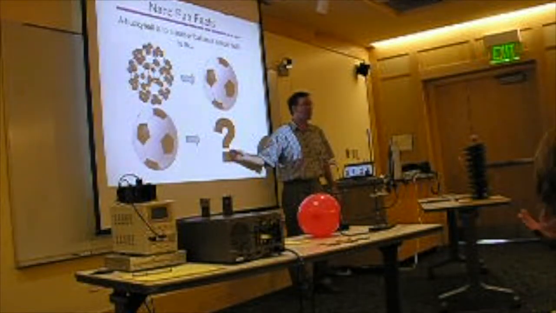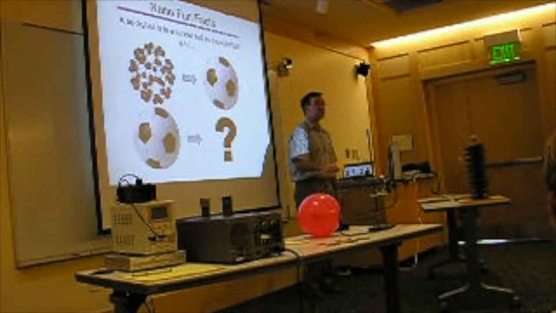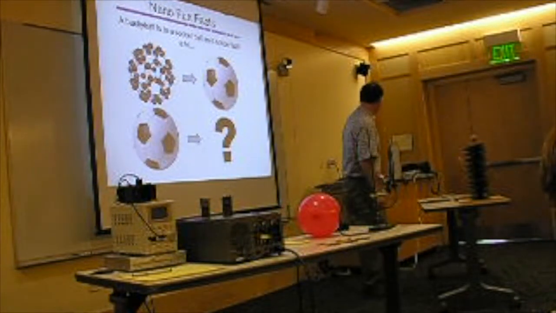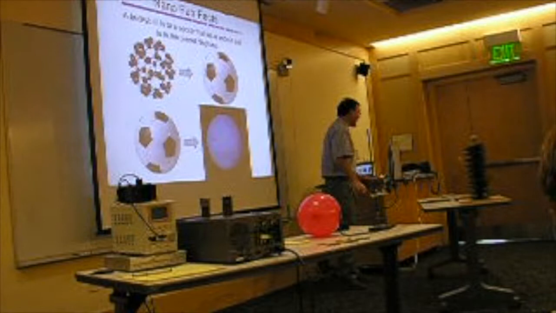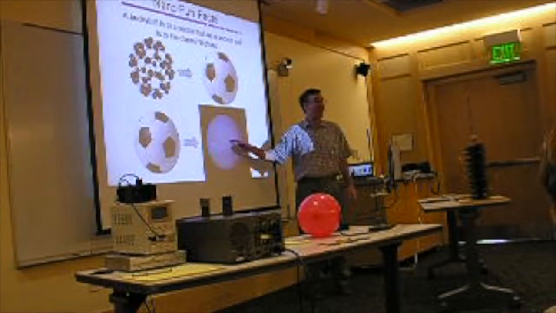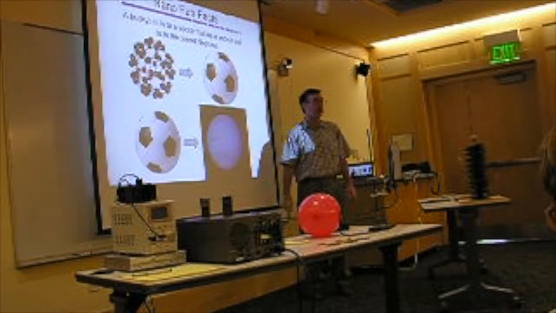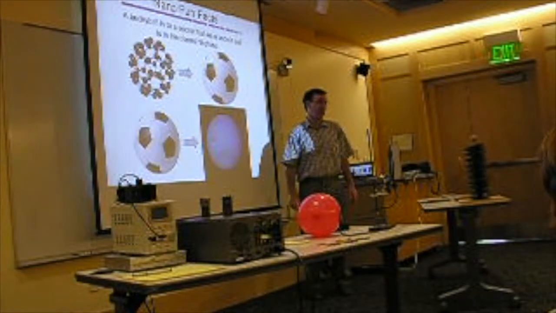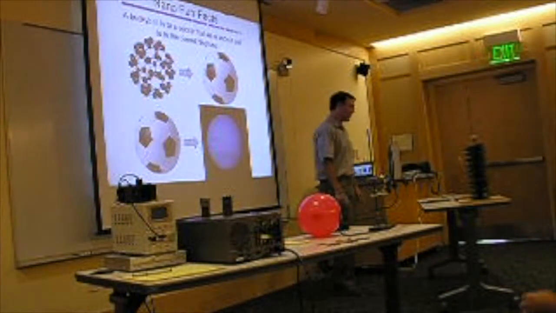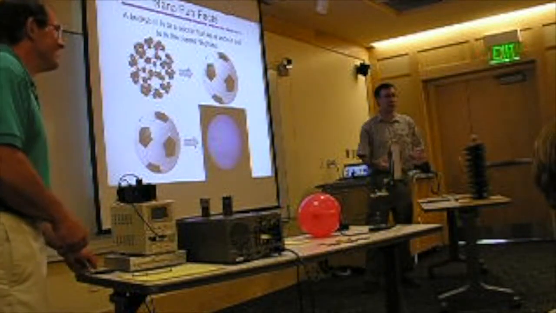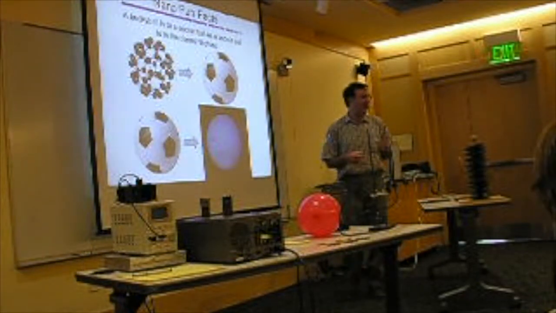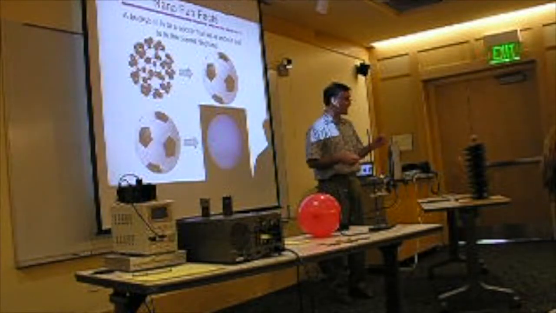How big would this be? Earth is a good guess. It's very close. The actual answer is the planet Neptune. So it's even bigger than the Earth. Yes, Neptune is bigger than the Earth. So that gives you an idea of how little a nanometer is.